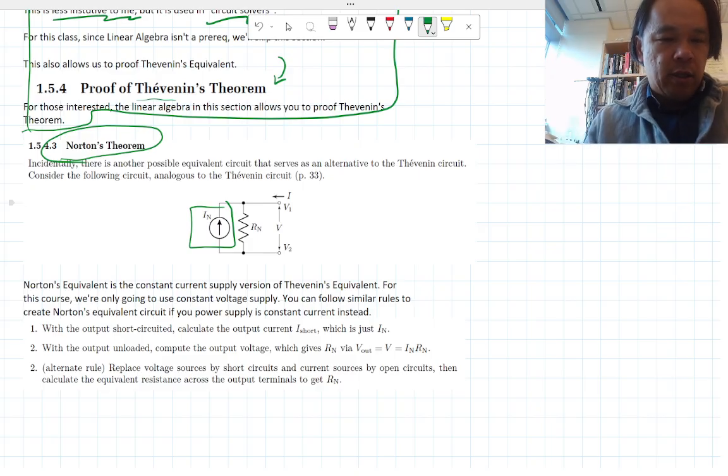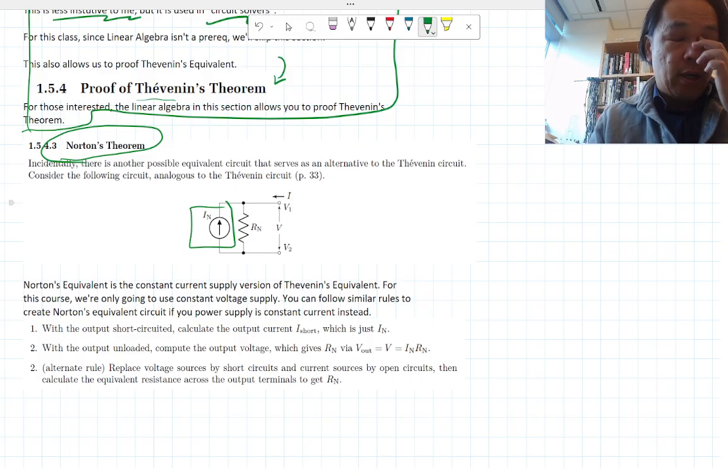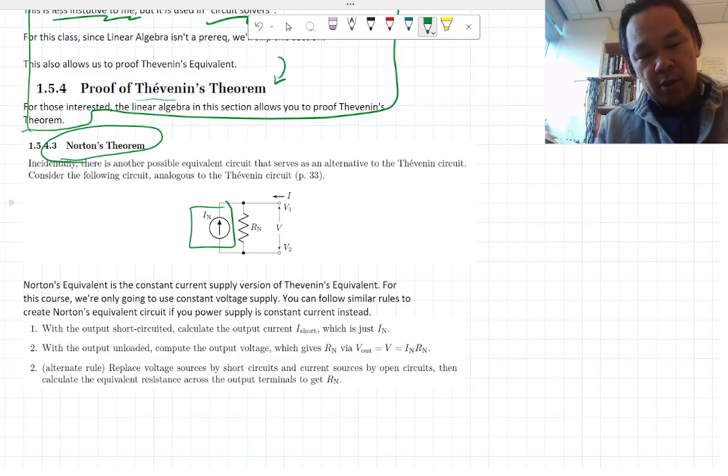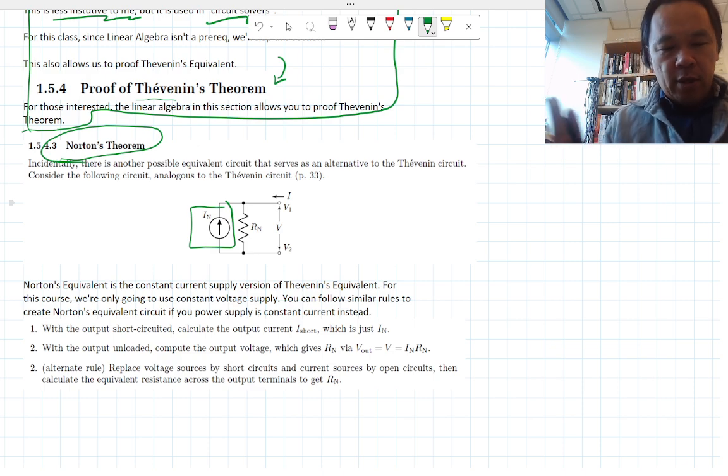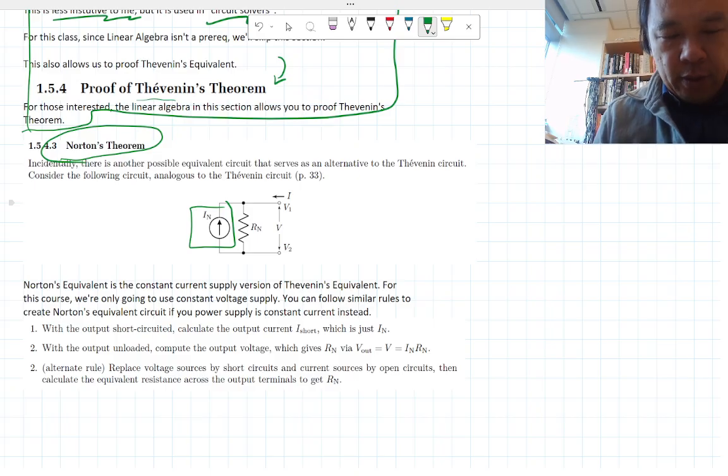In our class, we are only going to use constant voltage supply, but there are circuits that have useful properties if you can keep the current constant. In fact, the voltage supply that you have in the lab can provide a constant current instead of a constant voltage. But for all the stuff we're doing, we're going to have constant voltage.